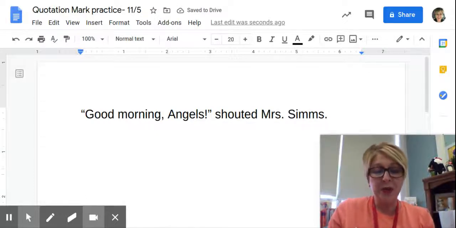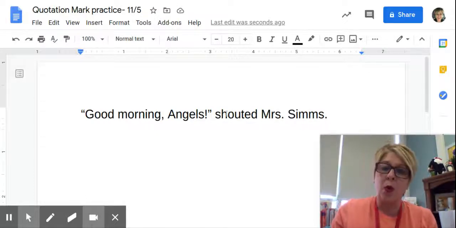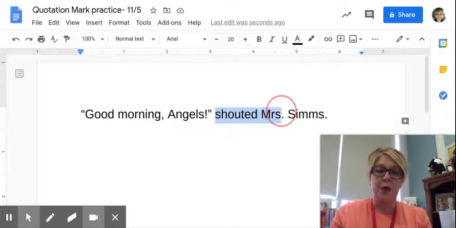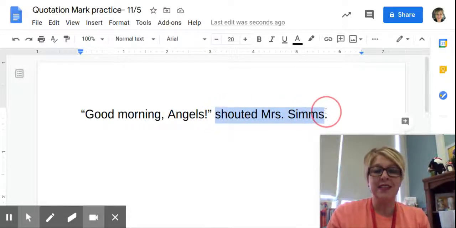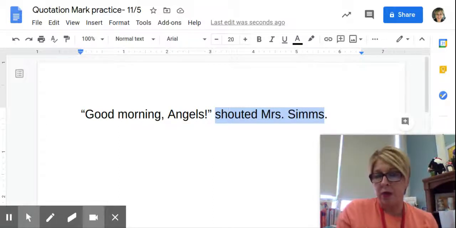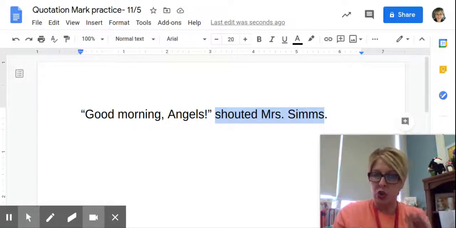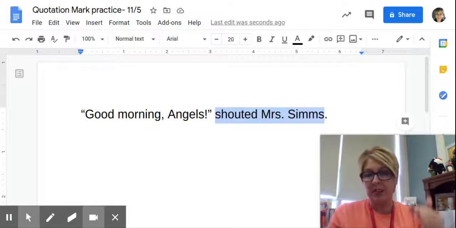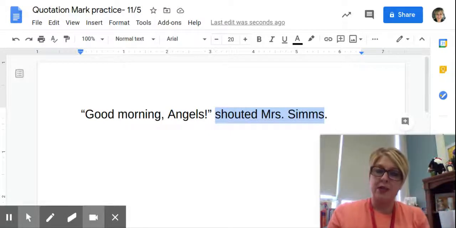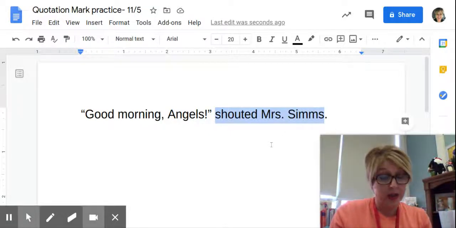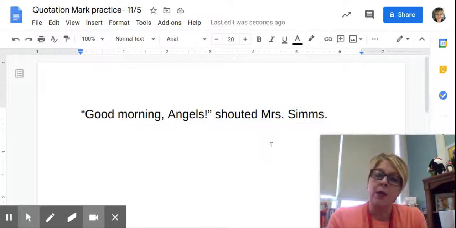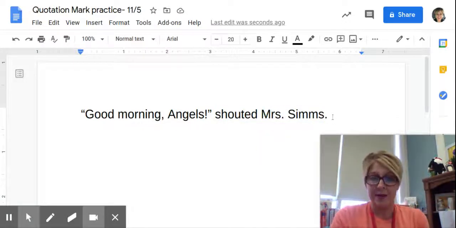Okay, so we don't put the quotation marks around this part because Mrs. Sims didn't say that. In a book, the author was writing that to show you, the reader, who was speaking. But we don't put quotation marks around those words because, again, Mrs. Sims wasn't saying that in the story. We only put them around what's being said.